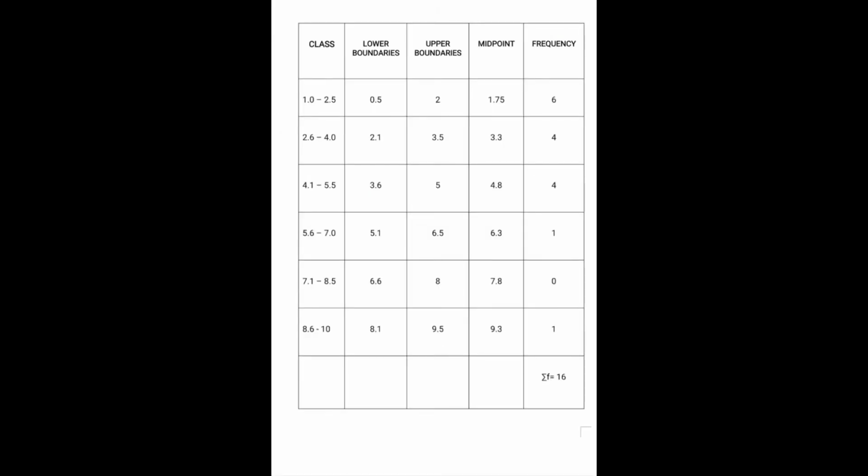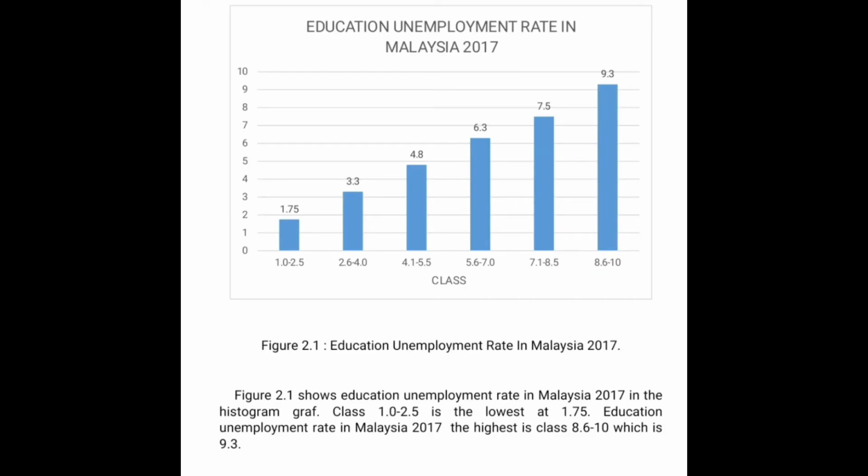Next, histogram. Table 2.1 education unemployment rate in Malaysia 2017. Figure 2.1 education unemployment rate in Malaysia 2017. Figure 2.1 shows the education unemployment rate in Malaysia 2017 in the histogram graph.